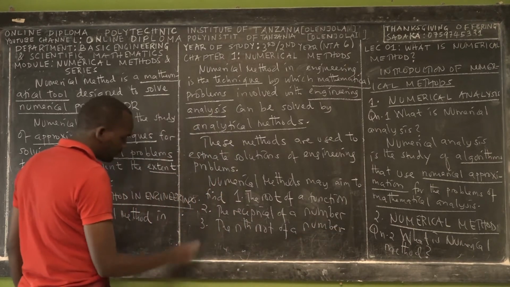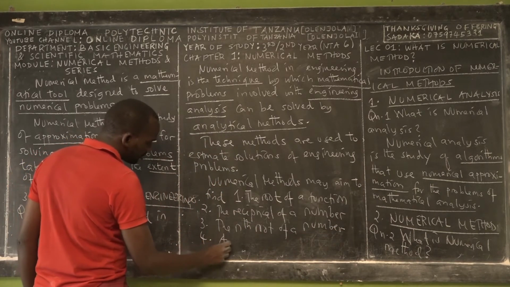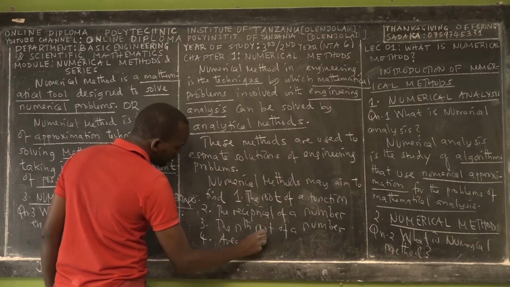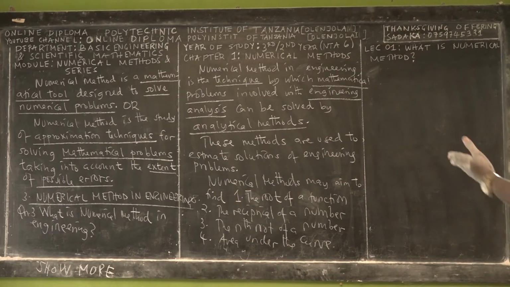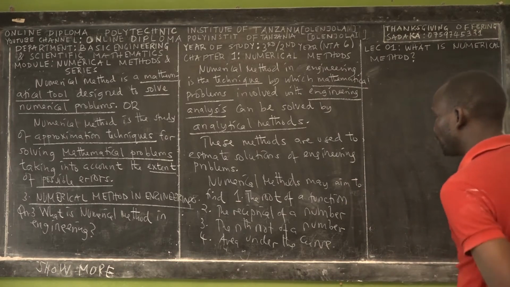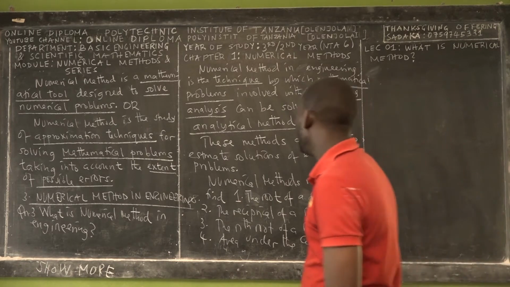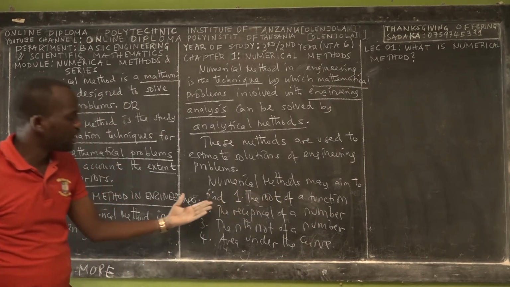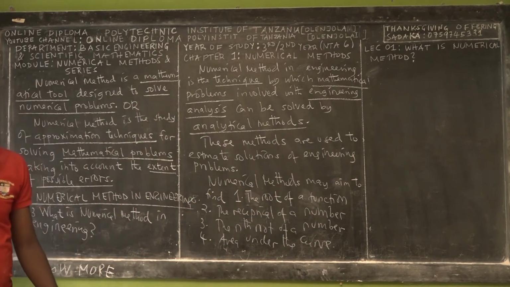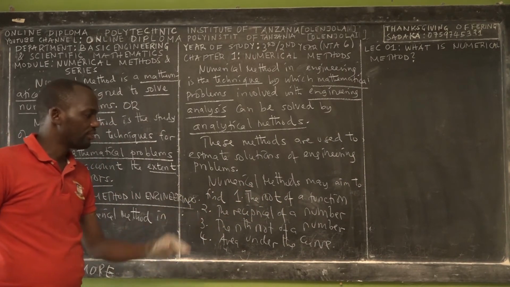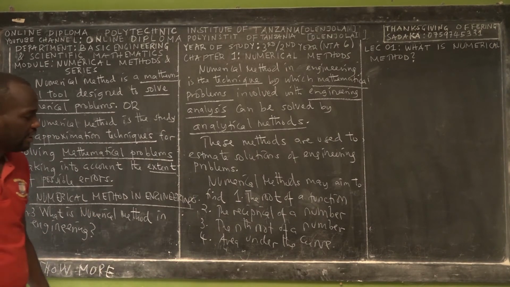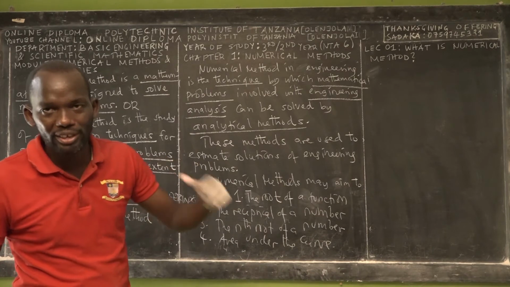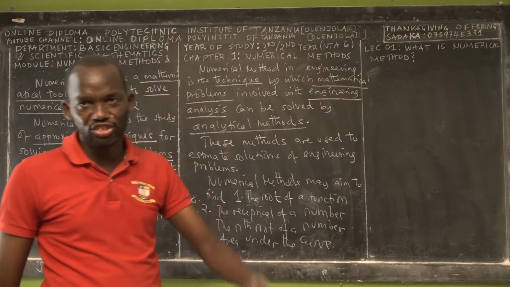Also, numerical method may aim to find the area under the curve. So these methods are used to estimate solutions of engineering problems. Numerical methods may aim to find either of these four, or all of these four: the root of the function, the reciprocal of a number, the nth root of a number, and the area under the curve. This is for basic numerical method in engineering.